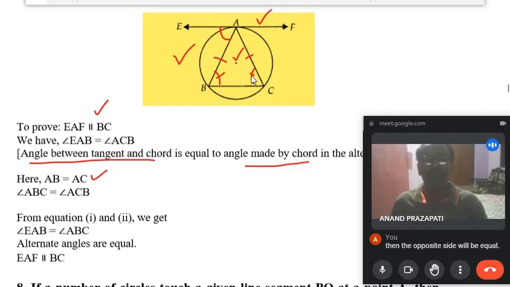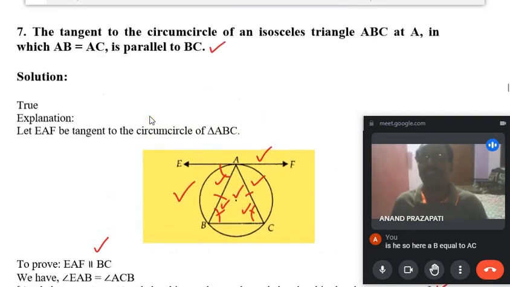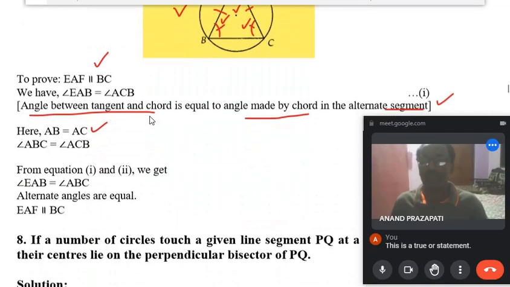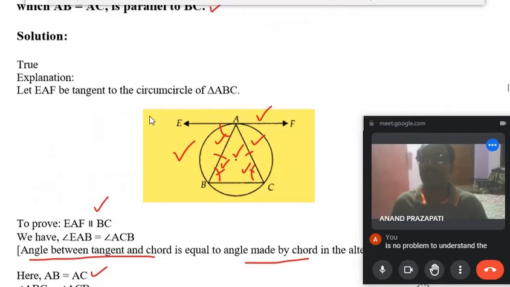The opposite side of this angle is AB, and the opposite side of this angle is AC. So here AB equals AC. So this is a true statement. Hope there is no problem understanding the explanation of question number 7.